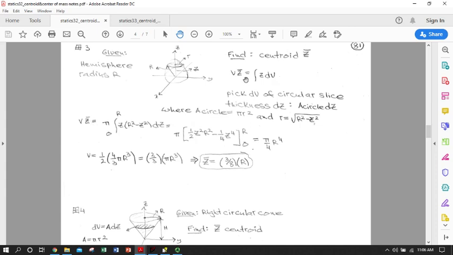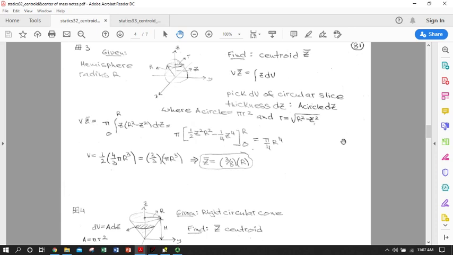If I could imagine this as being a triple integral, I've already done the other two integration operations by creating this A circle and defining its limits in terms of z. So I just had to do the z part. So I just crank through the math, integral of a polynomial, and I end up with pi over 4 r to the 4th. And then I divide by the volume of half of a sphere, and I end up with the z centroid at 3/8 times the radius, so it's less than 1/2, just like we expected.